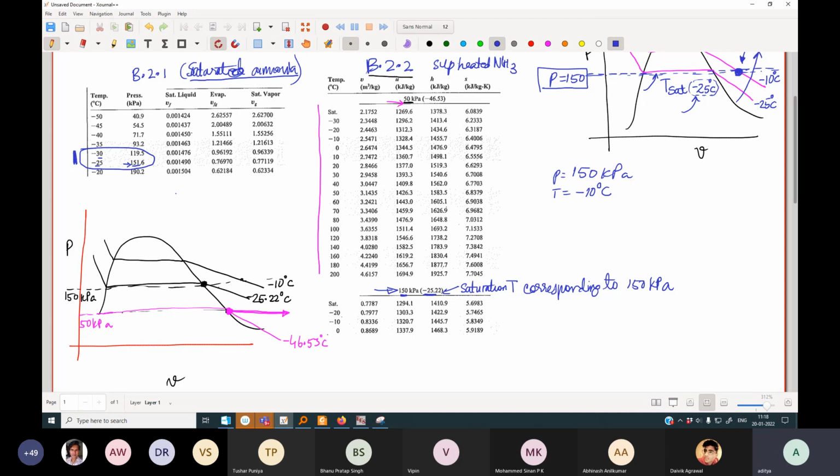Now the minus 25 degree isotherm will go and intersect over here. There will be a minus 40 degrees Celsius isotherm which will intersect over here, then the minus 30, minus 15, and minus 10 degrees Celsius isotherms. All the points over here are lying on the intersection of this horizontal line, the 50 kilopascal line, and all these isotherms.